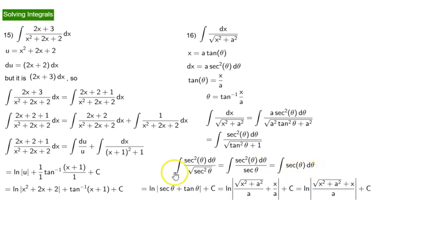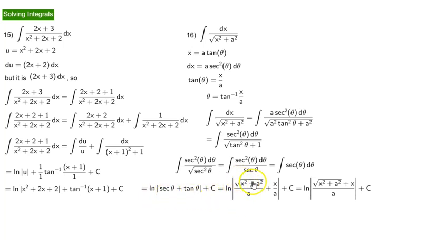And we know the integral of sec theta is natural log of absolute value of sec theta plus tan theta, plus c, which is equal to natural log of, what is sec theta?